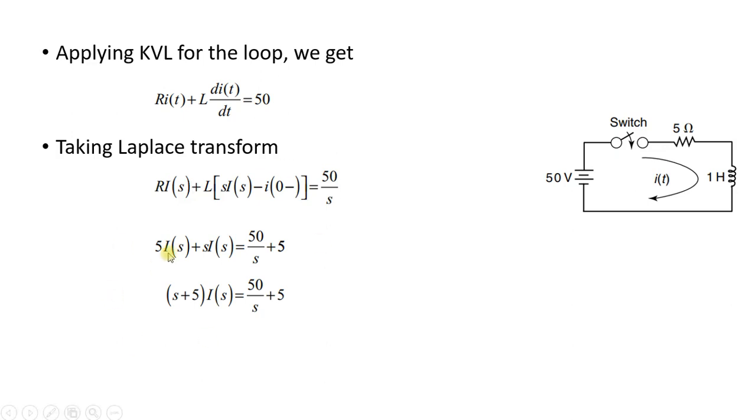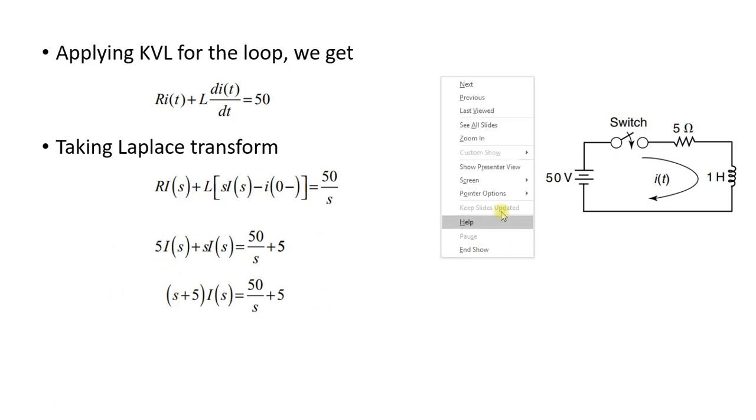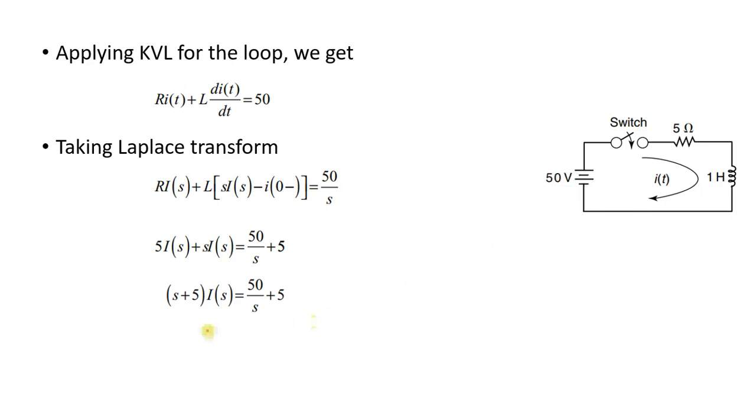Now rearrange the equation. Take this s plus 5 term to the RHS and rewrite the equation. In order to take the inverse Laplace transform, there are two terms present in the denominator, so first you should take the partial fraction.